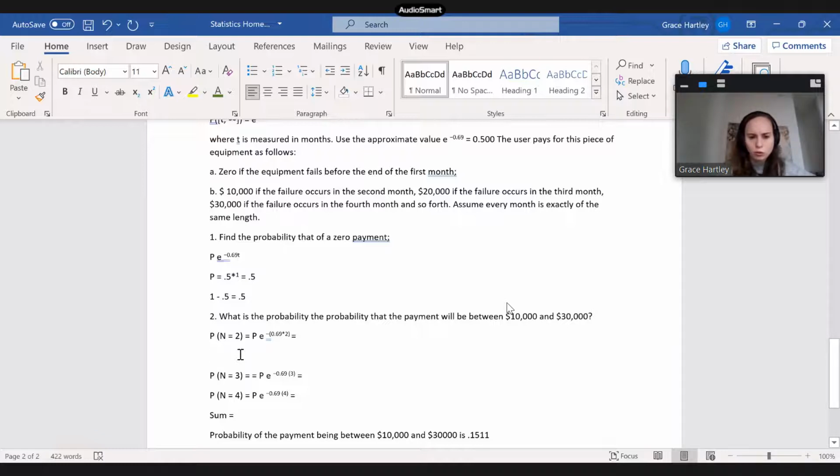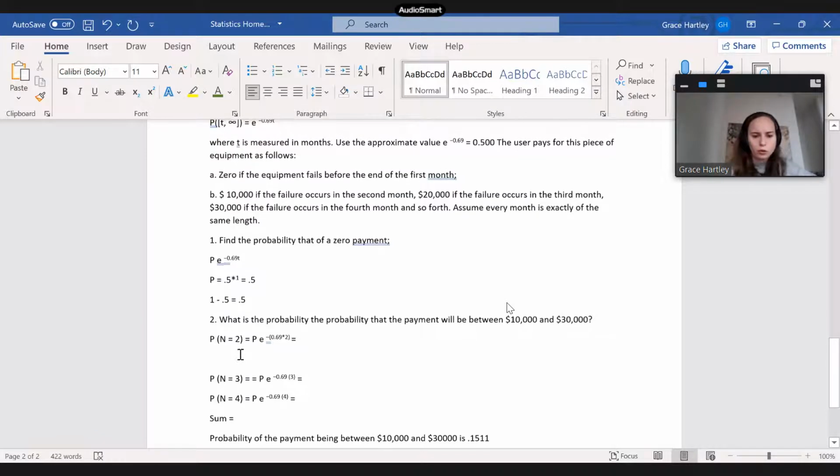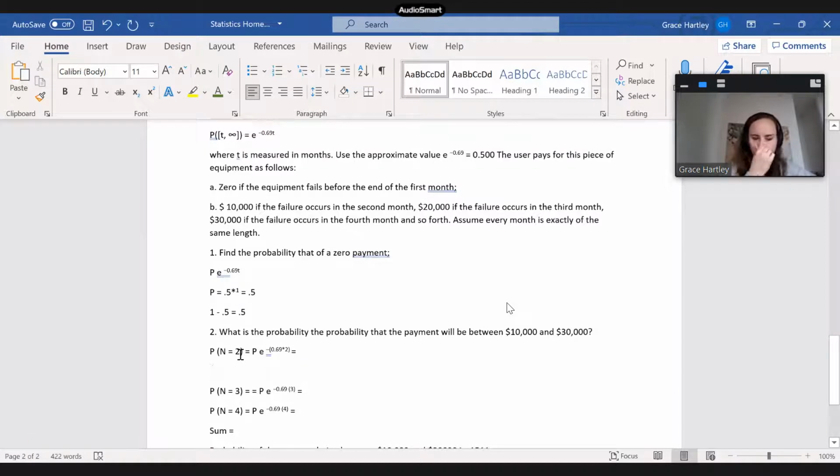When you say P from 2 to 4, it means t is greater than 2, so it's the start of the third month already. So what is the correct number you put in the parentheses? It's this one, the third month.